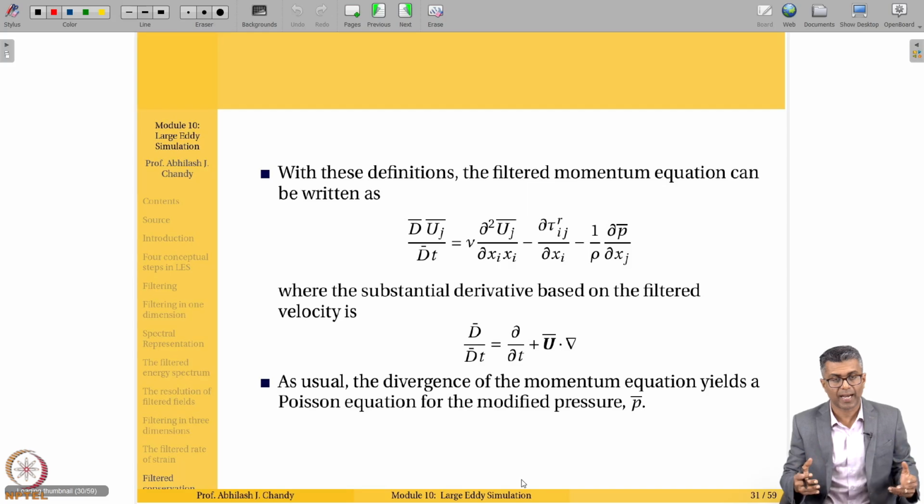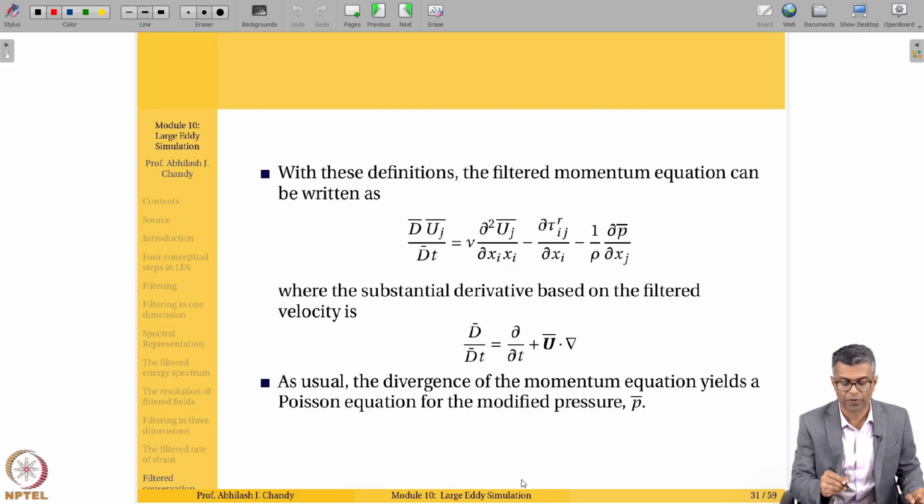With that done, I now have my filtered conservation of momentum equation: D bar over Dt of u_j bar is equal to nu del squared u_j bar, minus del/dx_i of tau_ij^r, minus 1 over rho del/dx_j of P bar.